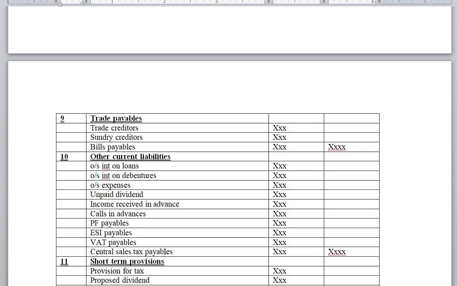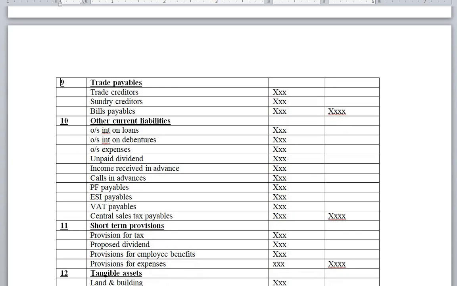All these kinds of items will come under other current liabilities. And lastly, short-term provisions, which are provisions made for tax, for dividend or proposed dividend, or provisions made for employee benefits.